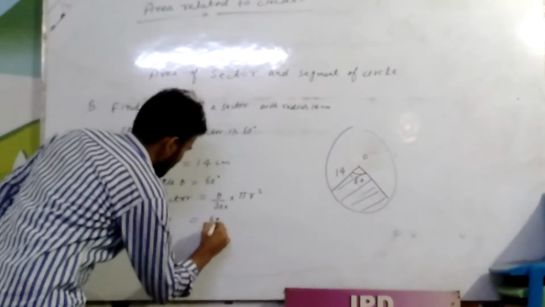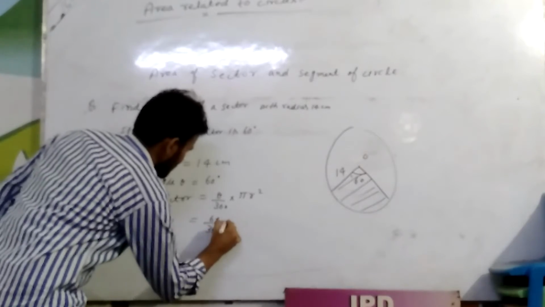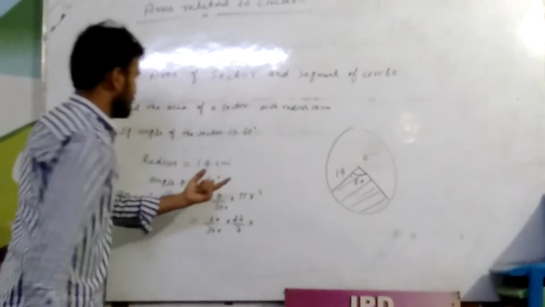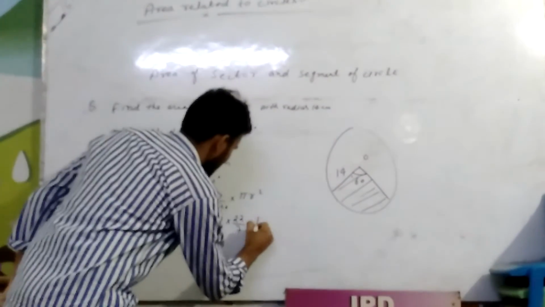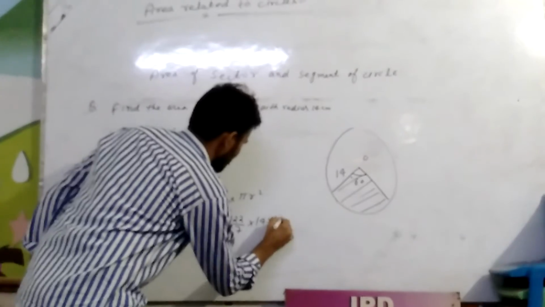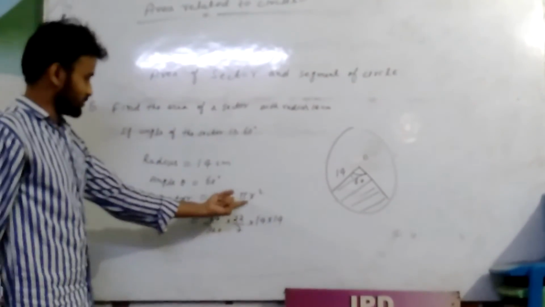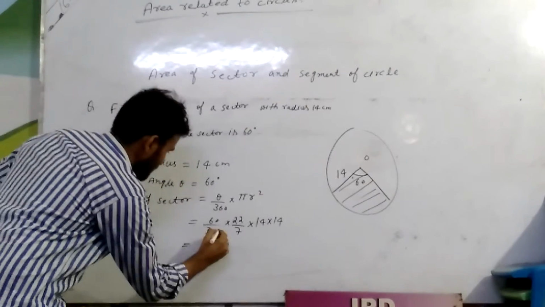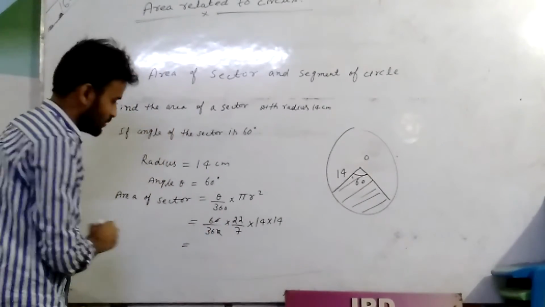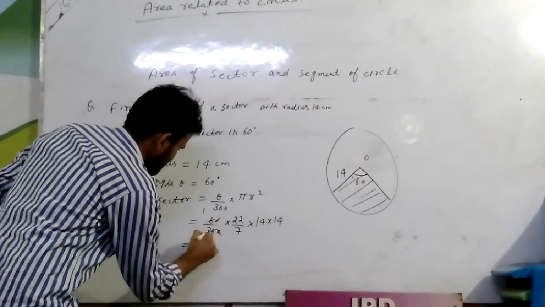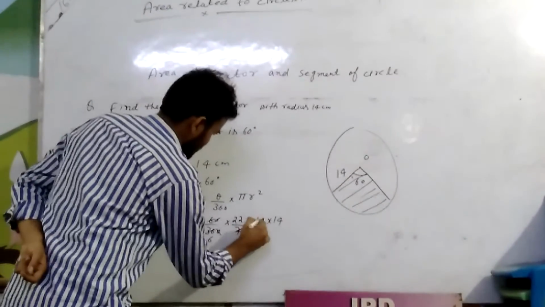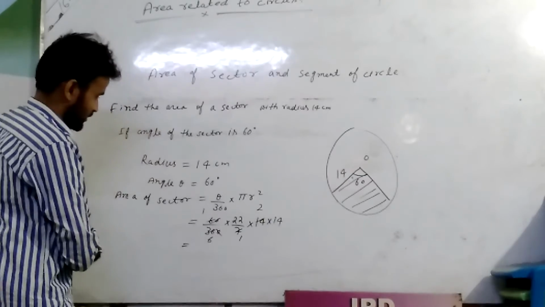Put 60 upon 360 into pi, which is 22 upon 7, into r square, which is 14 into 14. Then we simplify it. The zeros cancel out. 6 ones are 6, 6 sixes are 36. 7 ones are 7, 7 twos are 14.